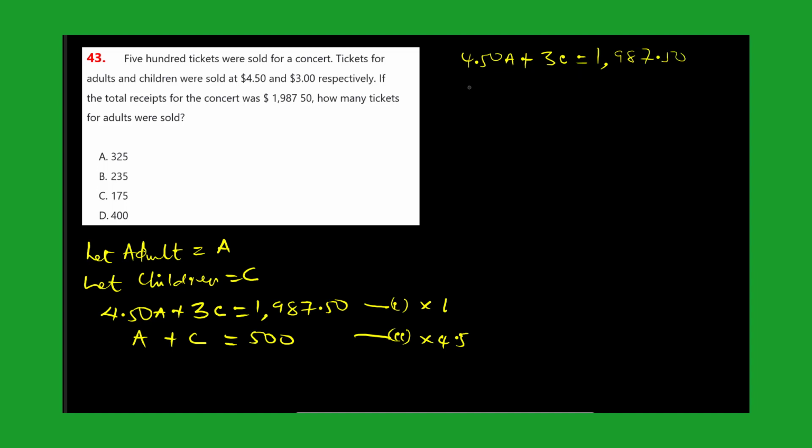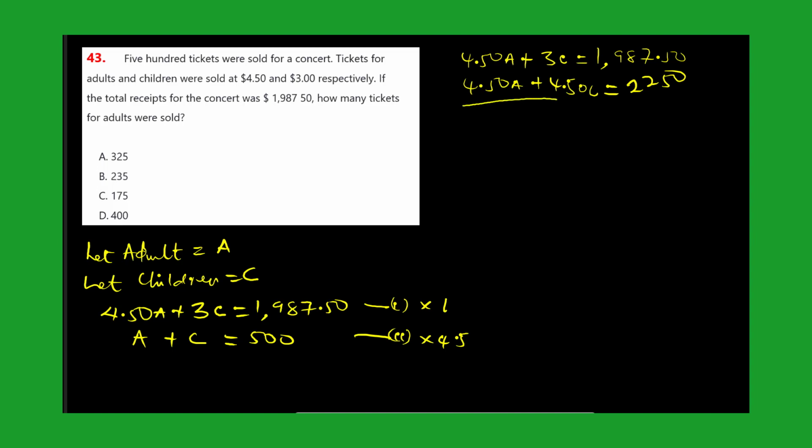Then the second equation, 4.5 times A will be 4.5A plus 4.5 times C will be 4.5C equals 4.5 times 500 will be 2,250.